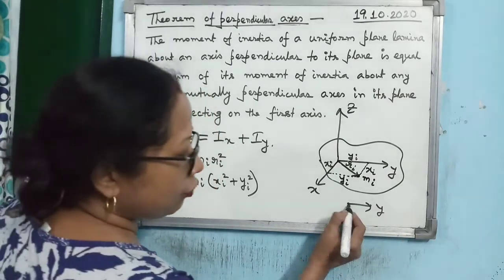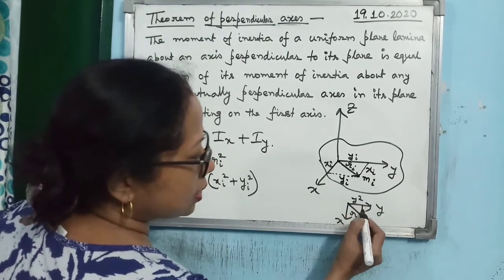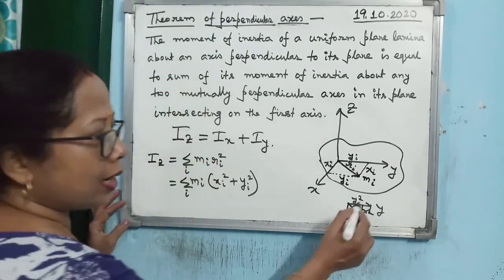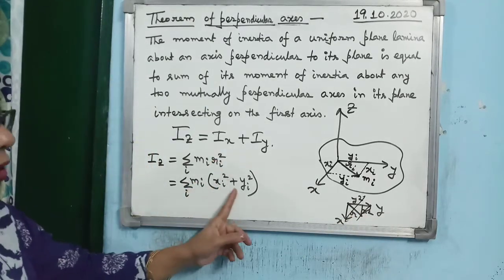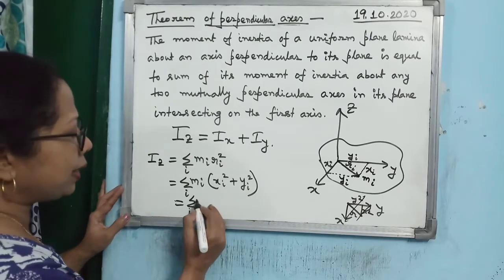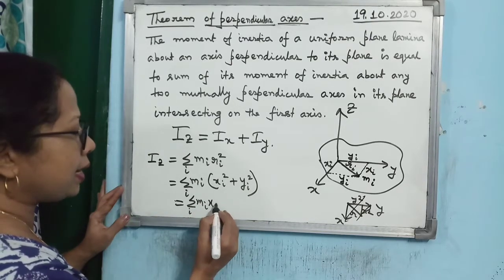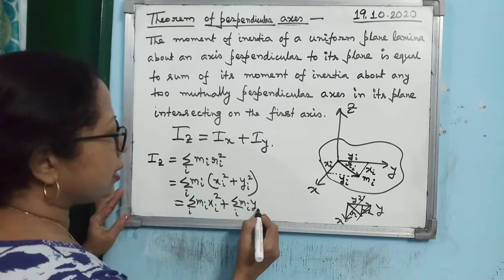If you consider this is r, then r square will be y square plus x square. This diagram you don't have to draw. So Ri square is xi square plus yi square, and if you separate the terms, you get sigma mi xi square plus sigma mi yi square.